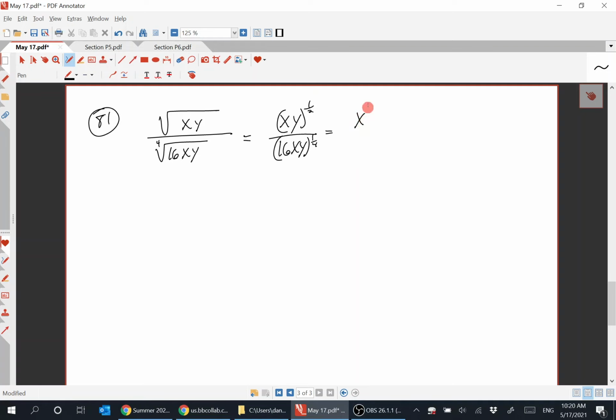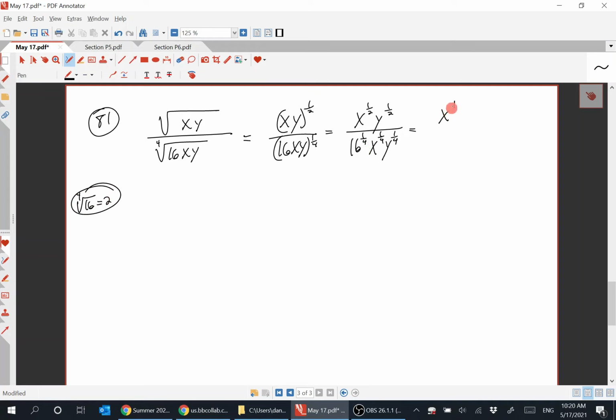So this becomes x to the 1/2, y to the 1/2, 16 to the 1/4, x to the 1/4, y to the 1/4. 16 to the 1/4, right? That's the fourth root of 16. What number to the fourth power is 16? 2. So that's just a 2.